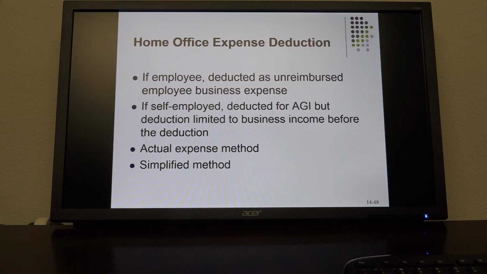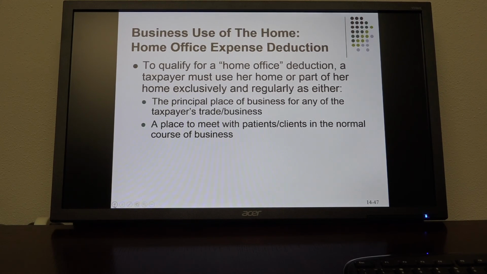If you're going to use the home just because it's convenient, let's say you have a home office, but you also have a real office, you're just using the home office because it's convenient.